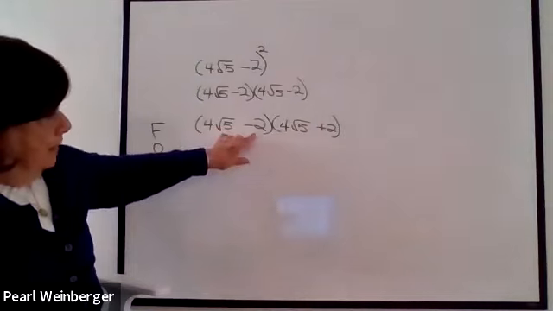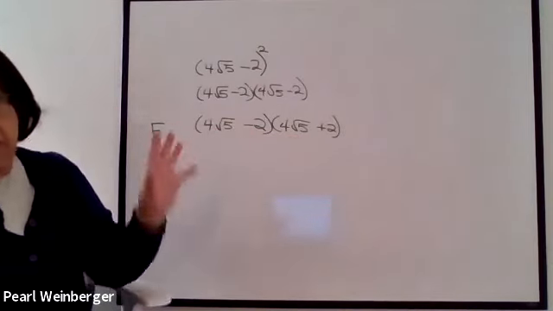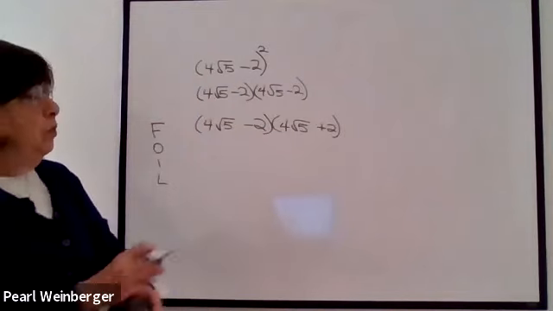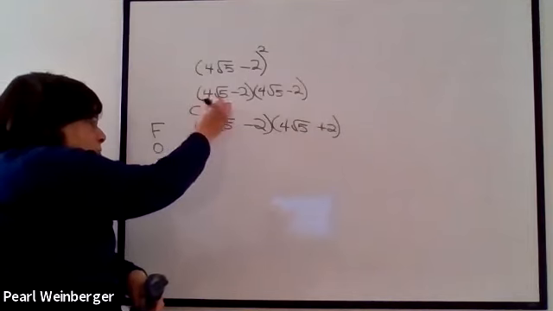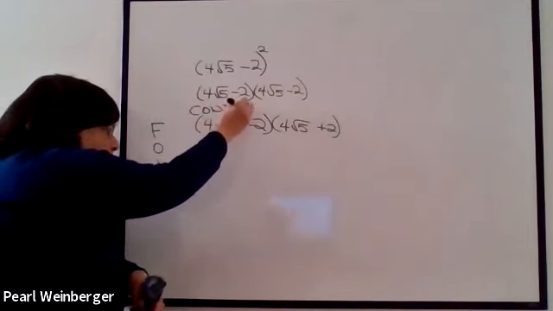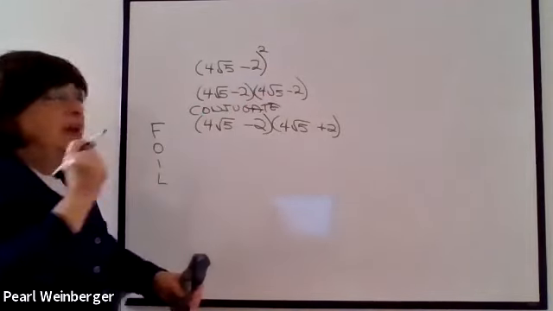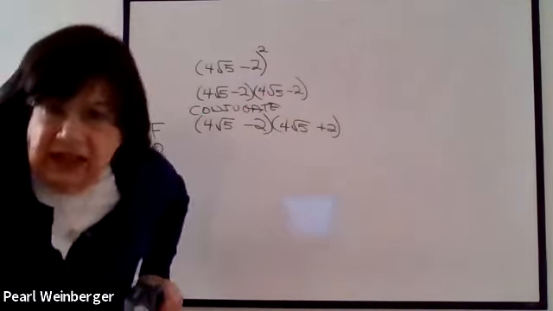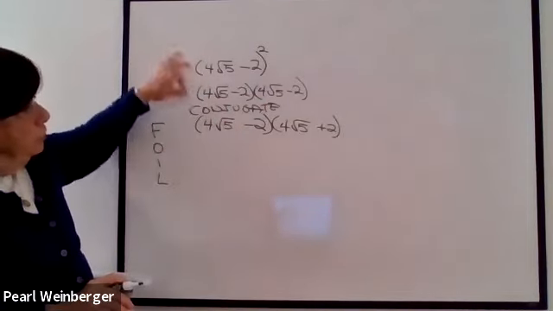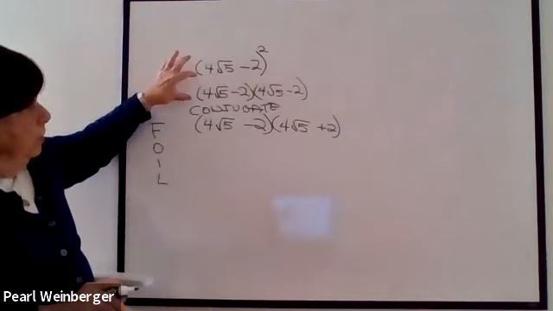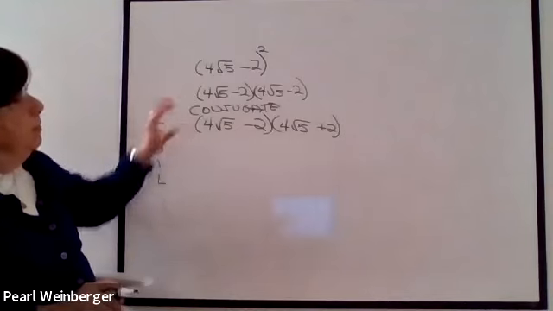One has a plus in it, and one of them has a minus in it. Otherwise, they're the same. They are what we call conjugate binomials. We've used that term before. Conjugate binomials are binomials that look identical except for the sign in the middle. One will have a plus, one will have a minus. So therefore, it's not like you're multiplying something by itself. You are multiplying something by its conjugate.